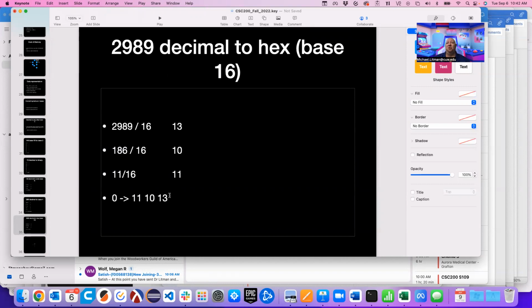But since those numbers are 2 digits wide, we need to have a representation for those numbers. So 0 through 9 represent themselves. Those are single digit. But once we get to a 10, we start using the alphabet. So a 10 is an A, an 11 is a B, 12 is a C.